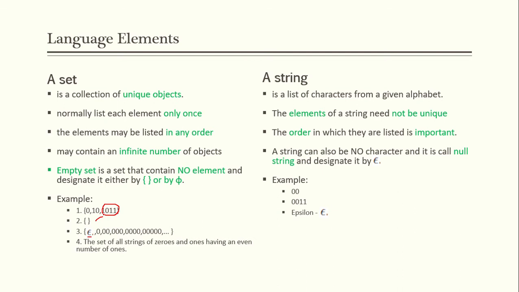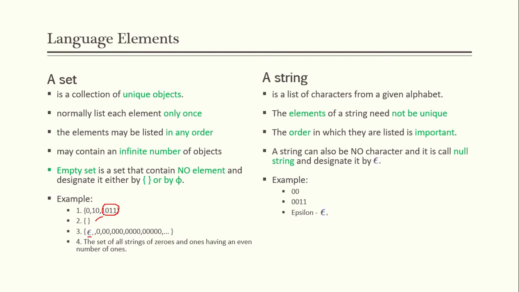The elements of a string need not be unique, so they can be duplicates, as you see in this example, 1011, where the number 1 occurs 3 times. The order in which they are listed is important. For a string, if you change 0100, let's say, to 1101, the meaning will be different. It will represent different objects. So the order of the string is important.